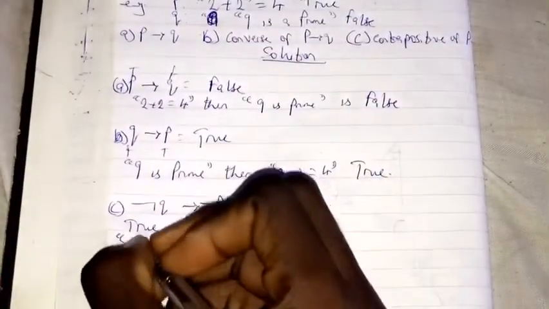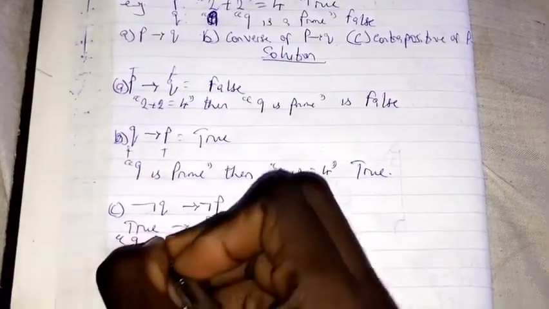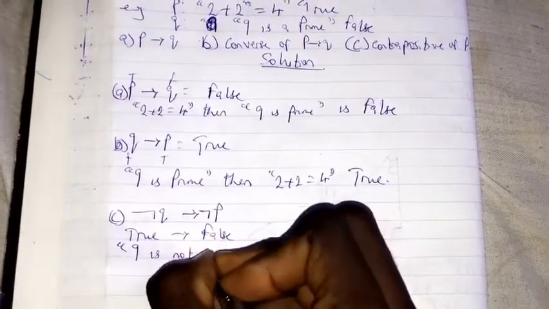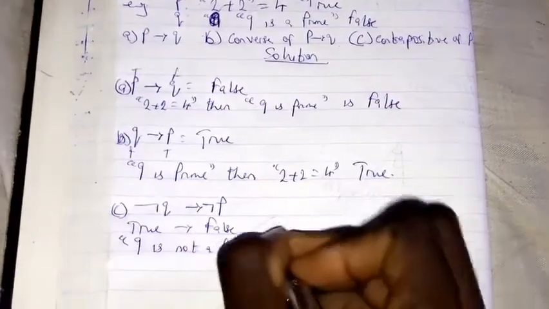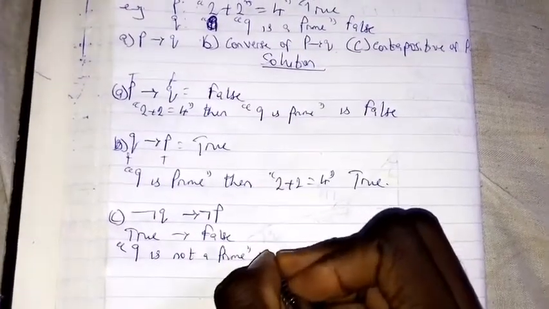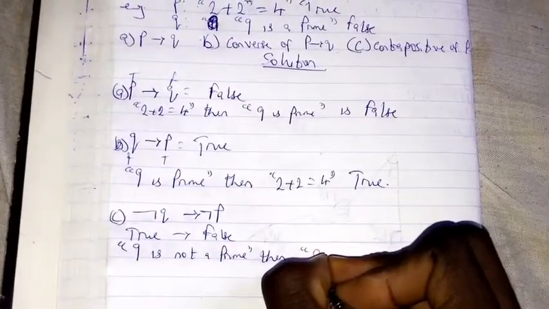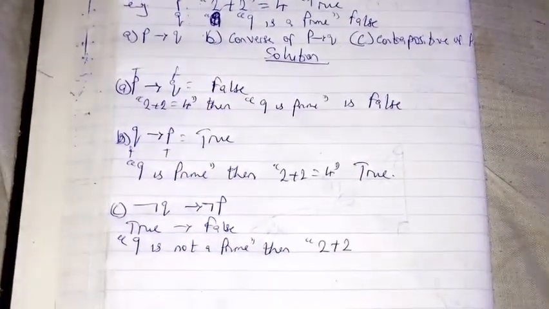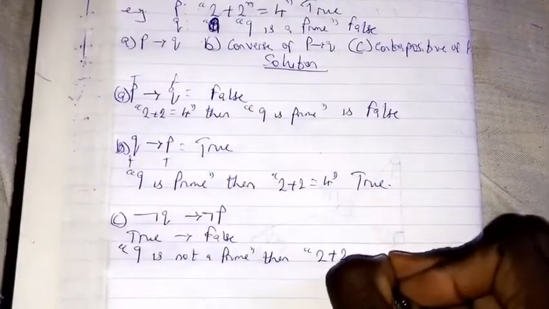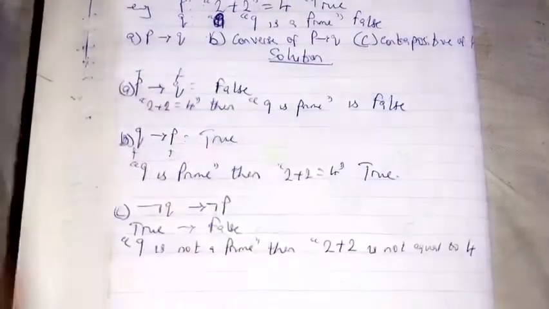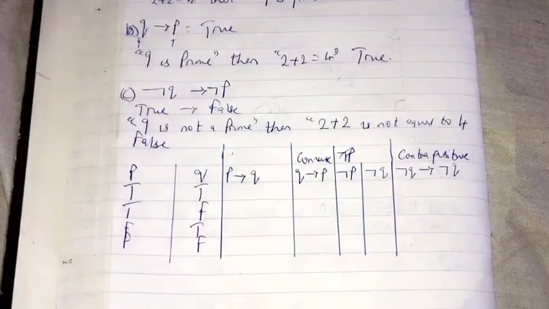Negation of Q says 9 is not a prime. Then 2 plus 2 is not equal to 4. Therefore your answer becomes false. True then false, we have false.